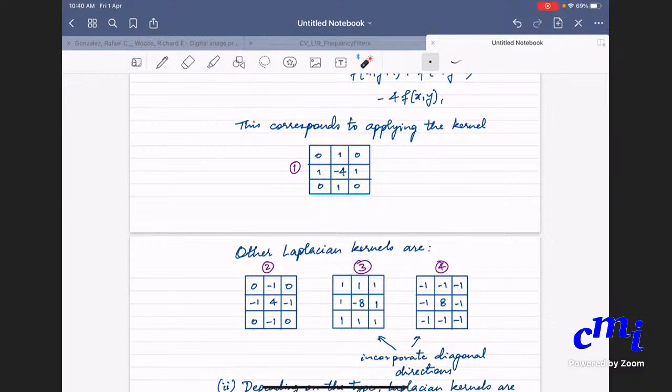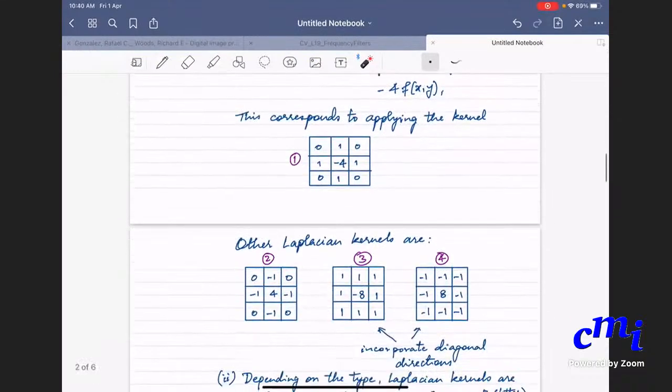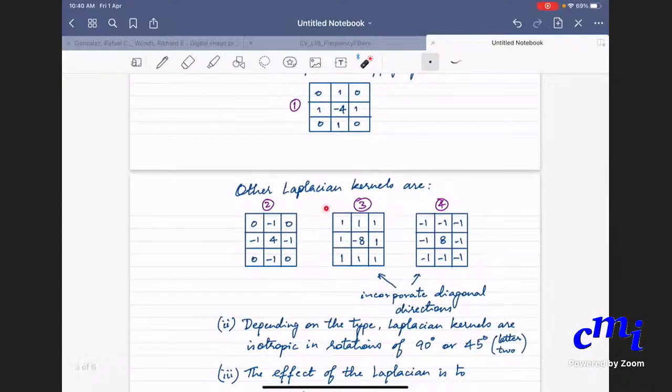Now, you can also make a kernel that is isotropic in 45 degrees using a Laplacian, by also considering the diagonal directions. So you also look at the derivative in these directions and make up an expression like this. In each of these directions, the term f(x,y) will come twice, and that is how this 8 will come up.